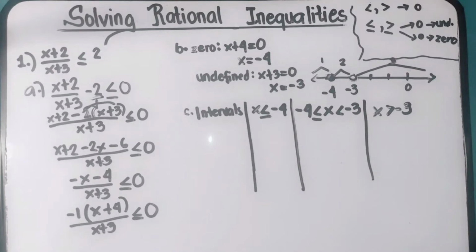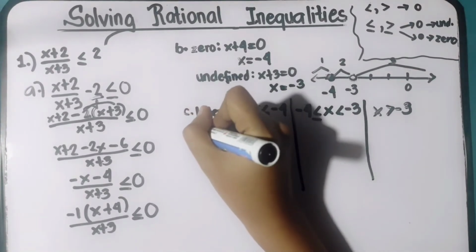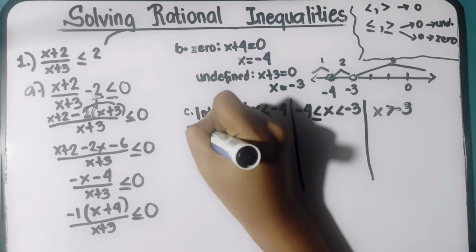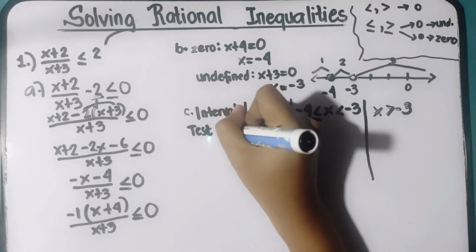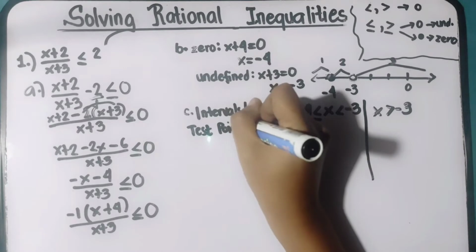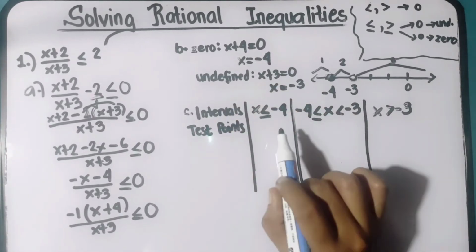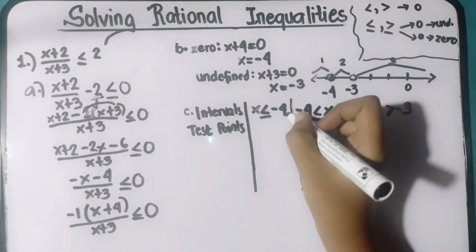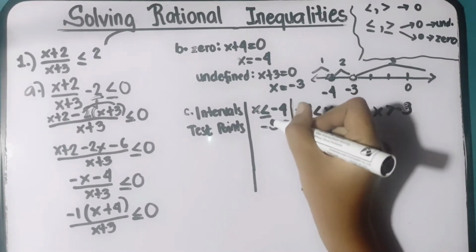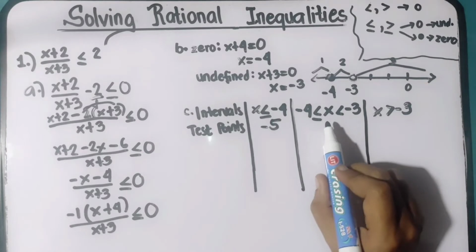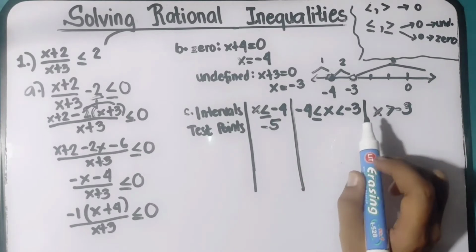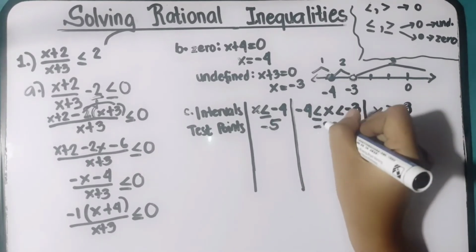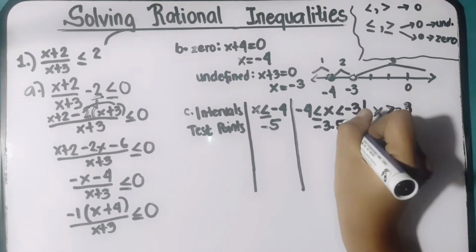Next row, identify test points. For our first interval, x ≤ -4, we will use -5. For the second interval between -4 and -3, we will use -3.5.